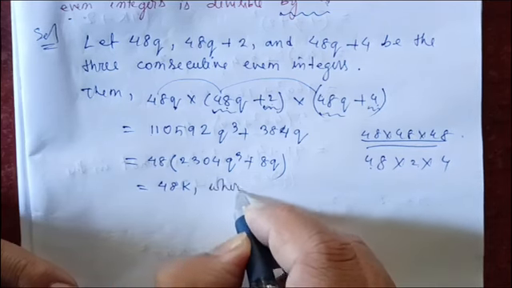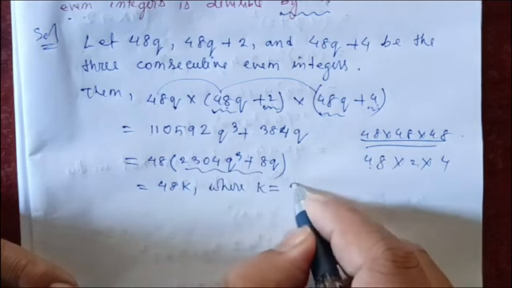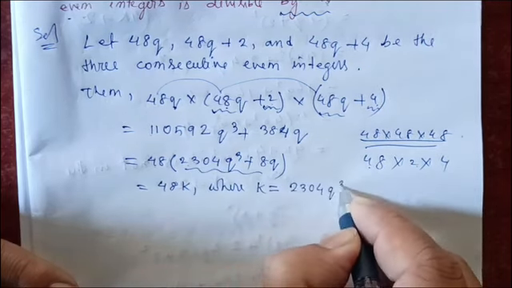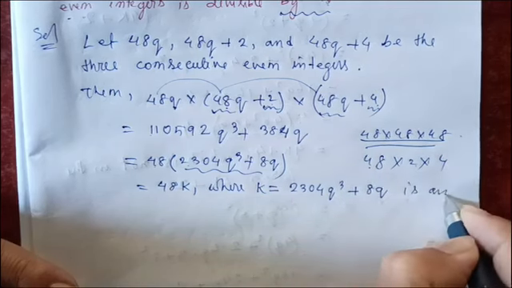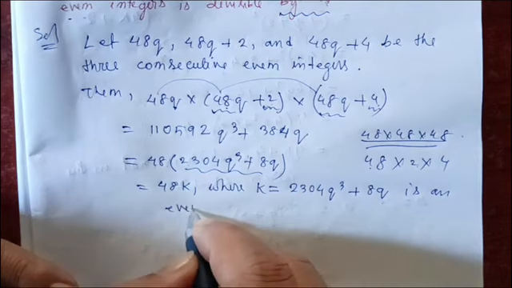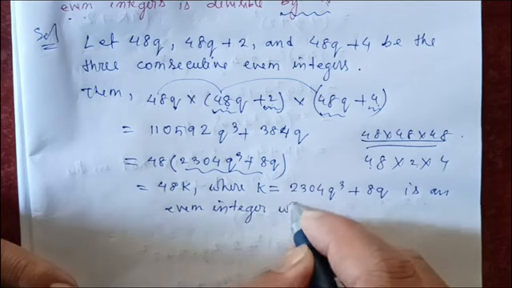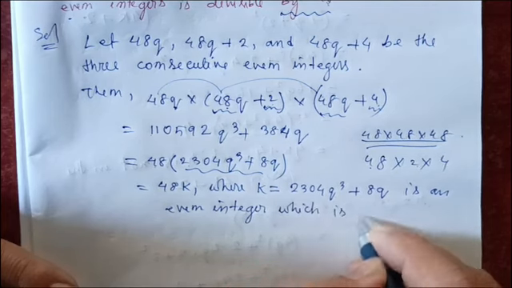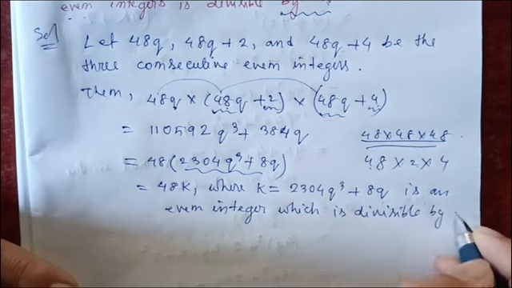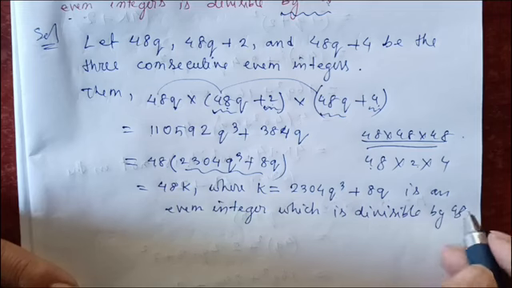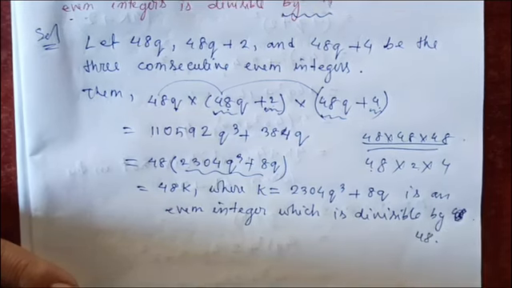So you can write down where k equals, inside the bracket, 2304q plus 8. It is an even integer which is divisible by 48.